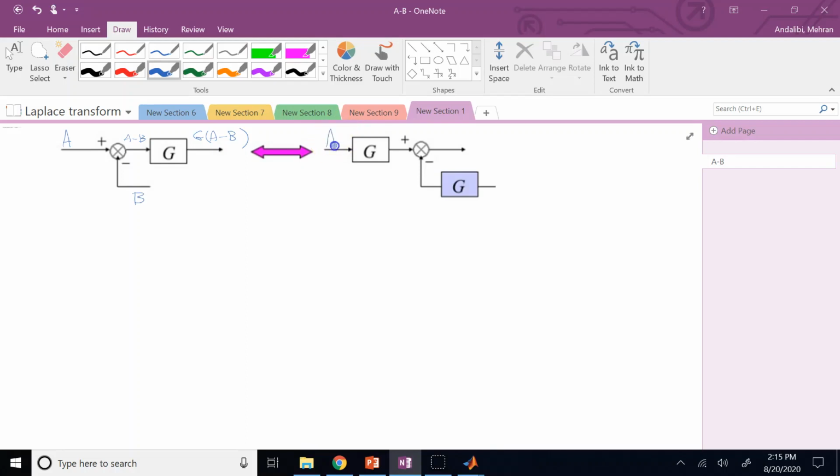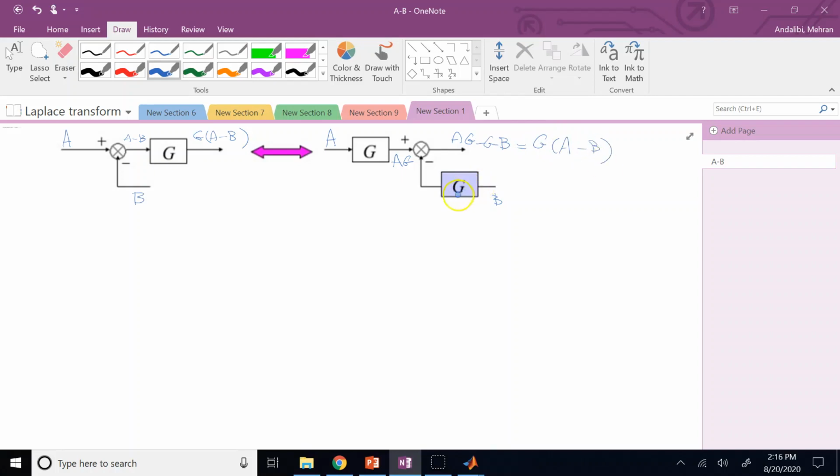This is still A, and this is still B. Because I moved the summation point from before to after, only A is multiplied by G. So this is AG. If I don't add this guy here, what would you get at the output? You would get AG minus B. If I don't add this purple block, you will get AG minus B, while here it is AG minus BG. So in order to have that B times G, I will artificially add the G here so that now this is the same as the previous one.